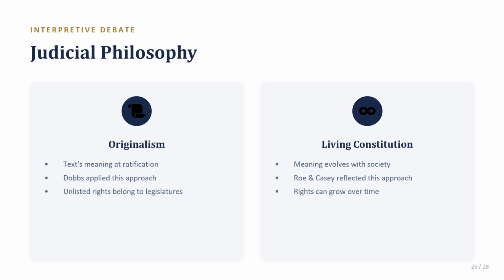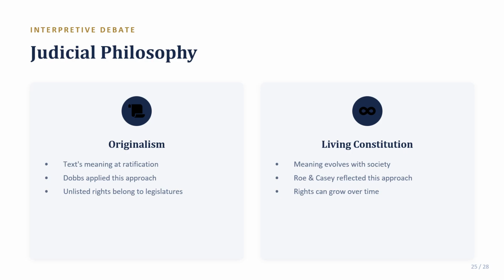So the living constitution approach, which is sometimes also called constitutional pragmatism or evolving meaning interpretation, there's a few others too, holds that constitutional meaning can evolve as society's understanding of liberty, equality, and human dignity develops over time. So under that approach, rights can grow to meet new circumstances that the Constitution's framers may not have specifically anticipated.